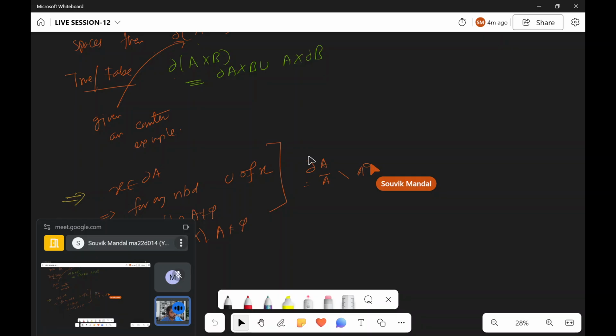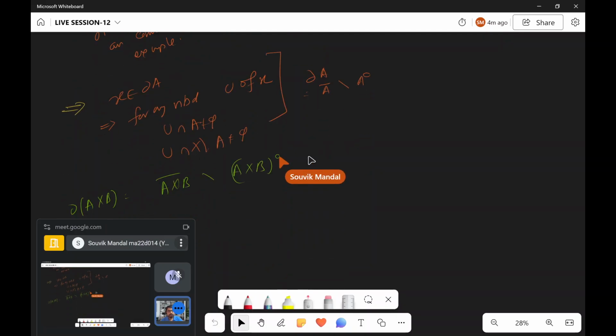So now what we can do is, the boundary of A cross B is equal to closure of A cross B minus interior of A cross B. So this is A closure cross B closure minus interior of A cross B.